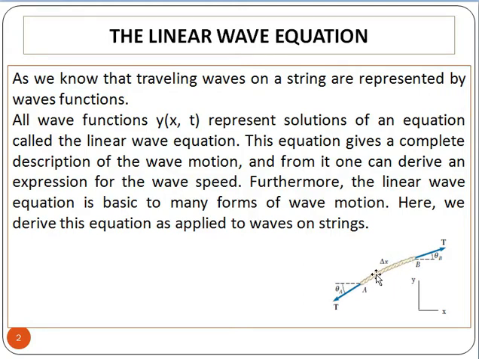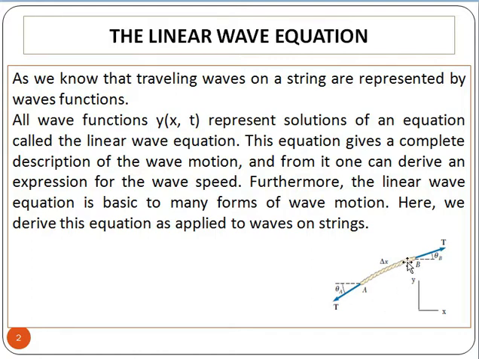So the length of that element along the x-axis is delta x. And as we have discussed, every string through which a wave passes should have some tension, and that tension at every point should be tangent to the string.